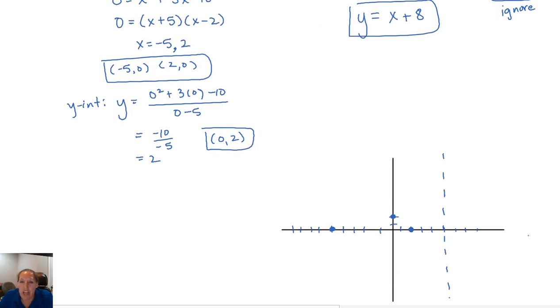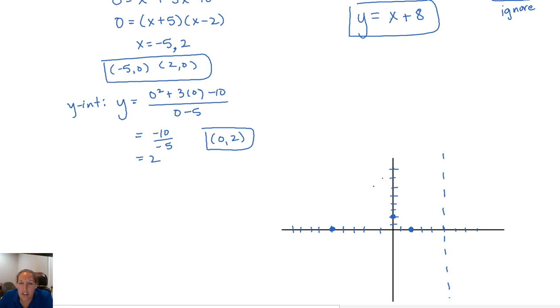So if we graph that line, it's going to have a y-intercept at 8. 1, 2, 3, 4, 5, 6, 7, 8. And a slope of 1. So rise 1, run 1, or go down 1, go back 1.